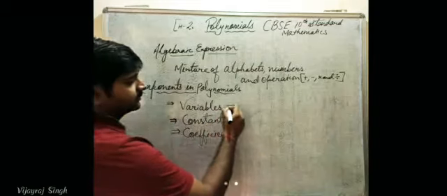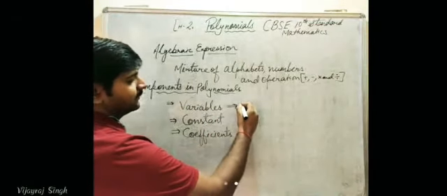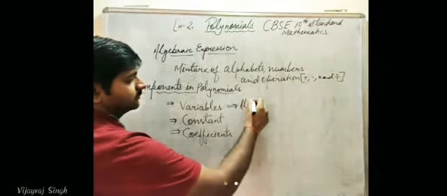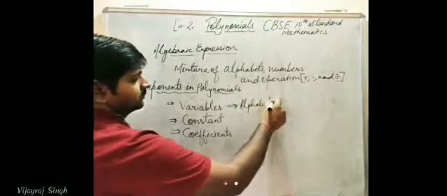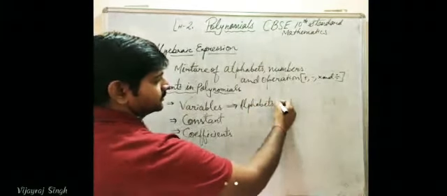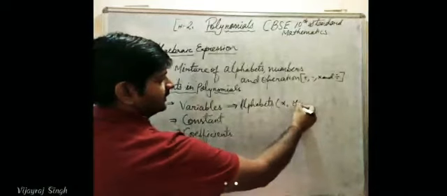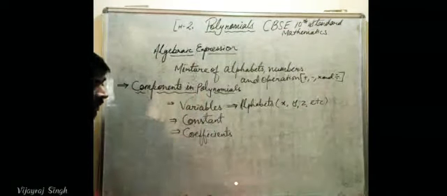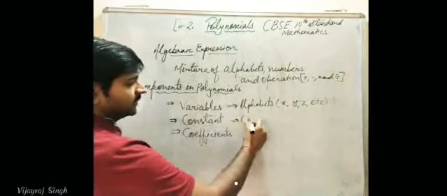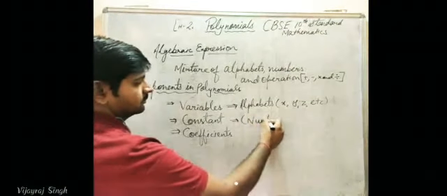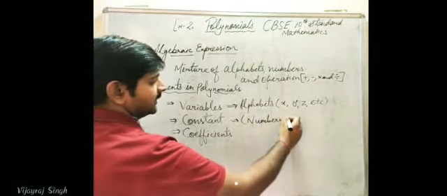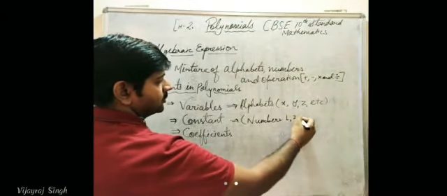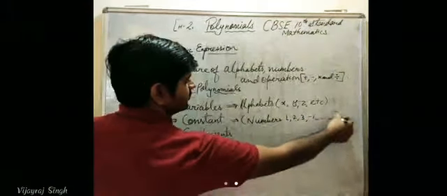Variables are alphabets, like x, y, z and so on. Constants are only numbers, like 1, 2, 3, -1 and so on.